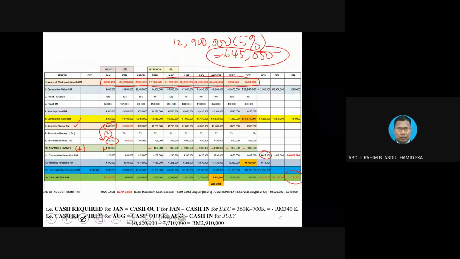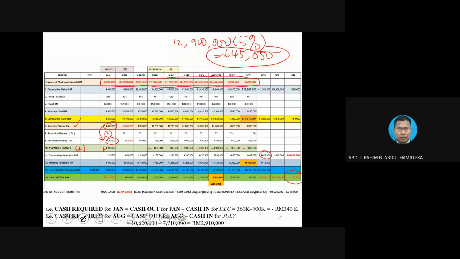But this money belongs to the contractor, and is going to be returned only after a few months. Normally, in normal practice, the contractor gets this money only during the final account, far away from the project completion period. That is the normal practice.